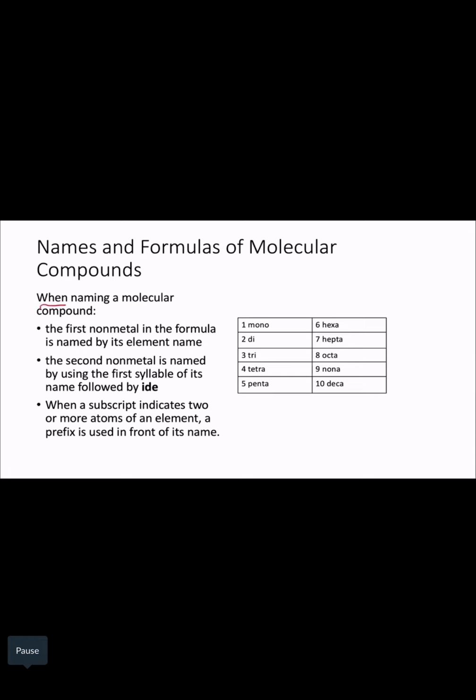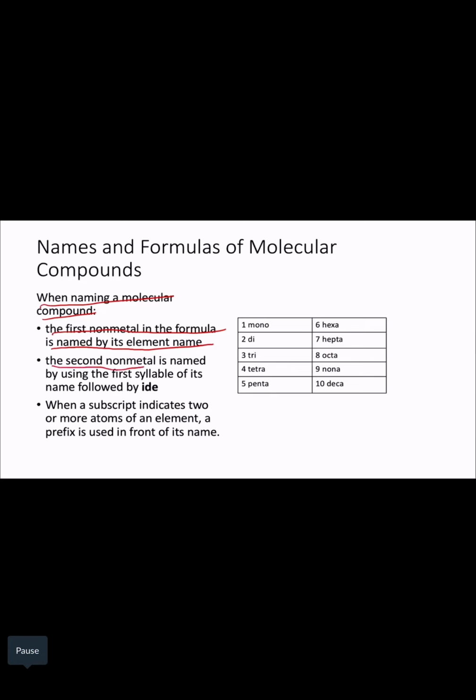When naming a molecular compound, the first nonmetal in the formula is named by its element name. Again, what we did with the nonmetal, the first nonmetal is going to have the same thing. The only thing we have to be careful about is that there are no subscripts. If there are subscripts, then we have to start. I'll show you what we're going to have to do.